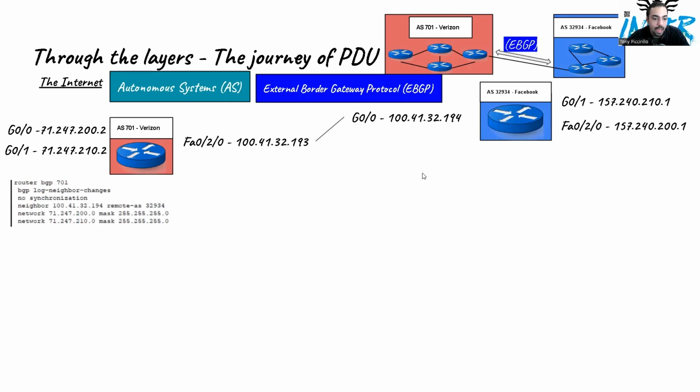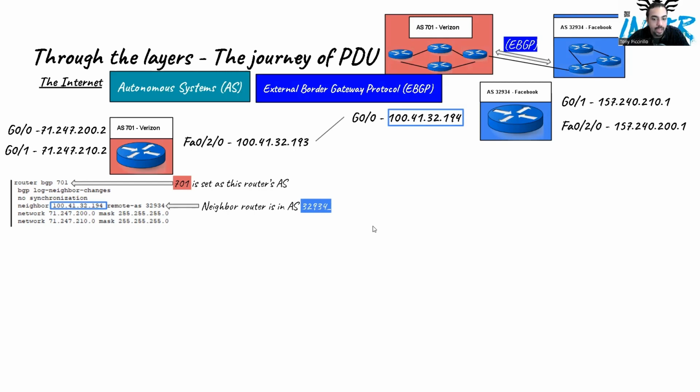So let's look at the BGP configuration of AS701, this router here that we're looking at. At the top, we have the command that tells BGP that the AS is 701 for the router. Here, we're telling BGP that the neighbor router is in AS32934.